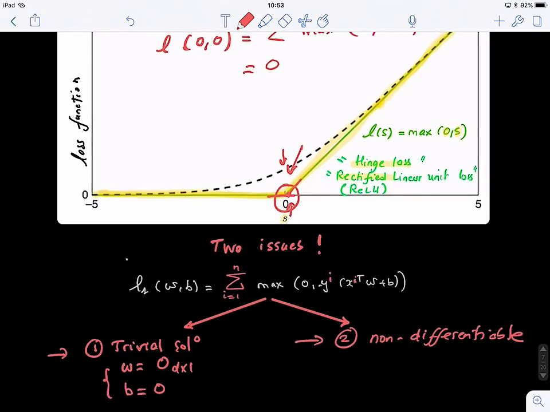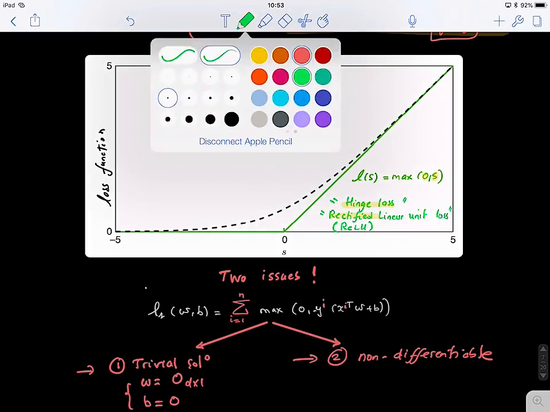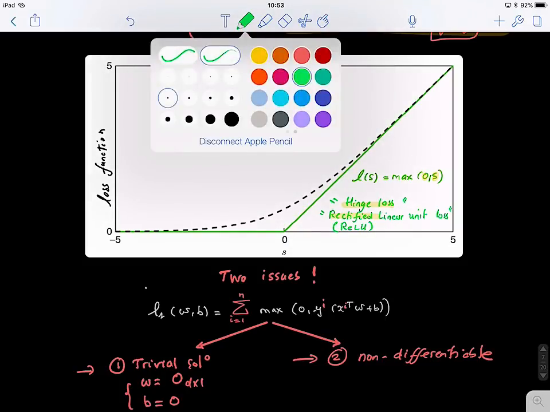So as an alternative, how can we solve this problem? Can you think about an alternative solution, like another loss function that we can define to solve this problem? Like you said, maybe we can smooth the function around 0, something like this approximating function.